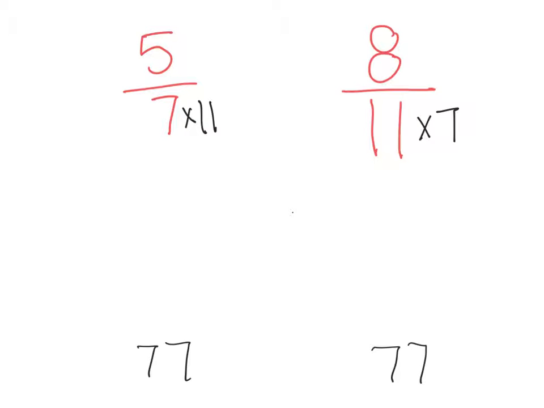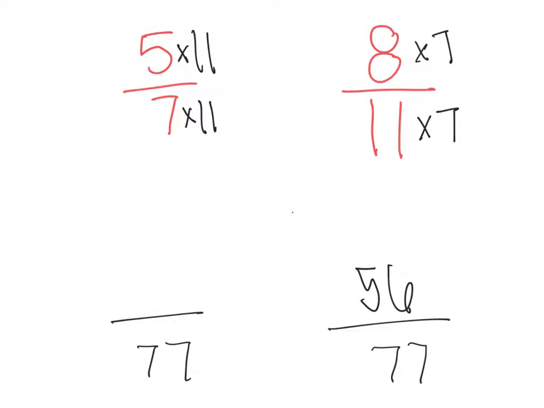Now I have to multiply the top and the bottom by the same thing, so I have to go back and adjust my numerator. I multiplied this 11 by 7, so I multiply 8 times 7, which is equal to 56. And then I multiplied this 7 by 11, so I have to multiply 5 times 11, and that gives me 55.